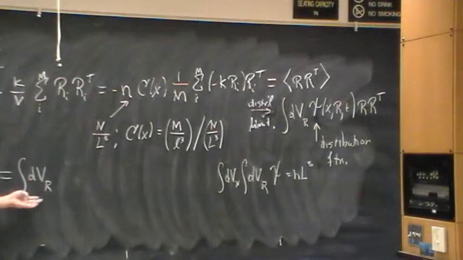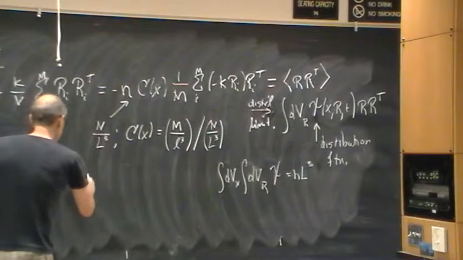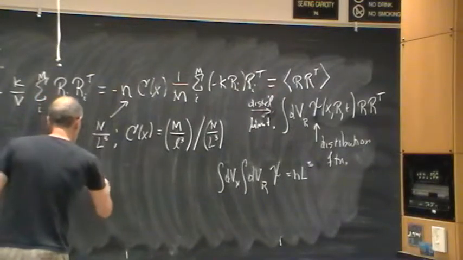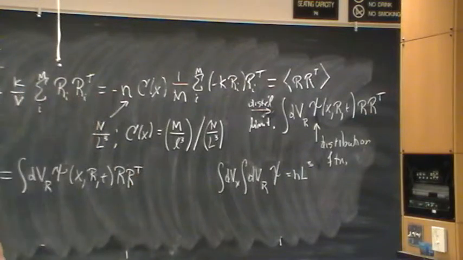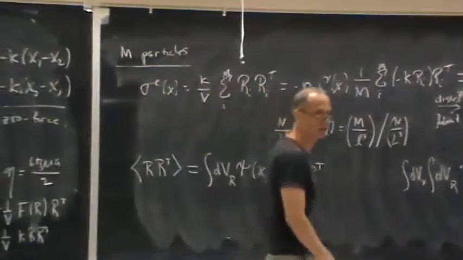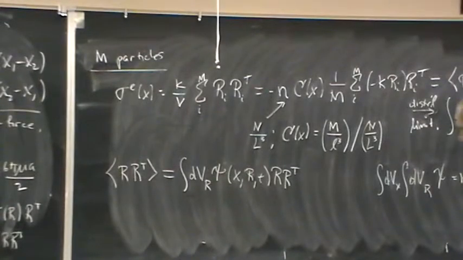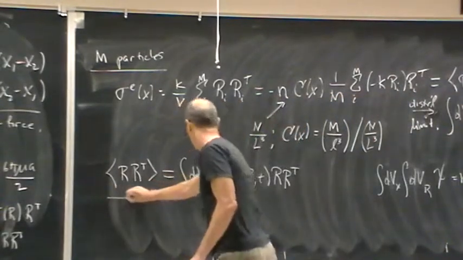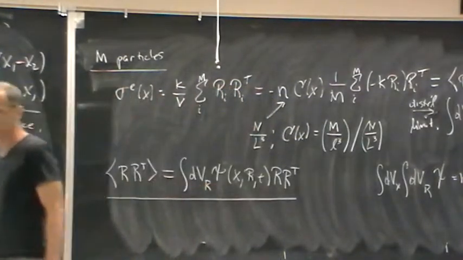So averaging over all my possible distension vectors, now with their conformation, their distribution properties described by a distribution function, and that's being averaged against the single particle stress, R R transpose. Okay? So now moving to a continuum theory. I'm going to replace this with this distributional average.